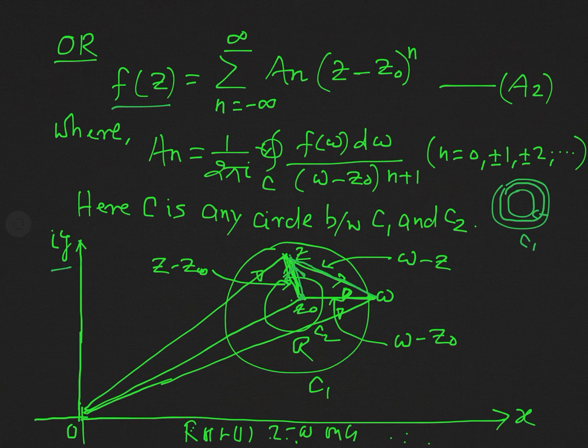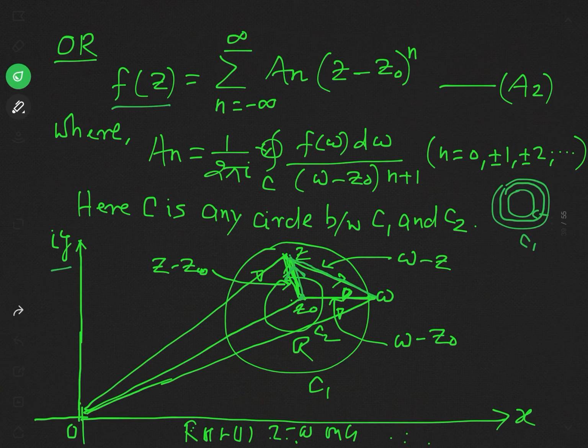So for evaluating the first part of the integral, that is FA of Z, we take two considerations. First of all, we take the point Z equal to W at the circumference of the circle C1 and an arbitrary point Z in the region R, which is in fact an annular region or a ring-shaped region between the circles C1 and C2.